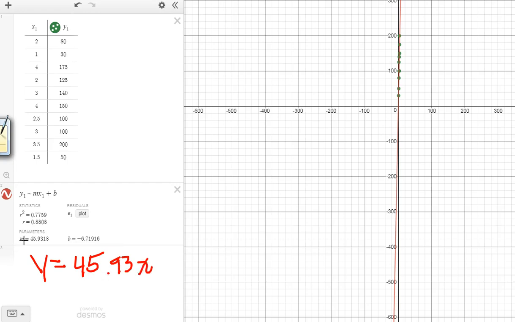So our slope is 45.93, almost 46. And then our y-intercept is going to be negative 6.72. There's your line of best fit: y equals 45.93x minus 6.72.